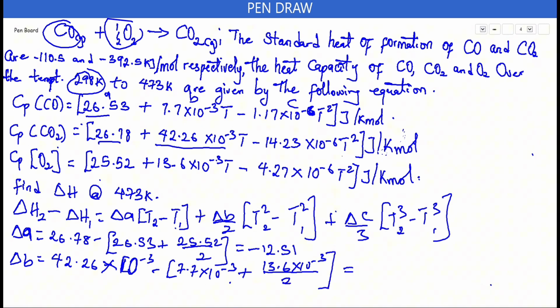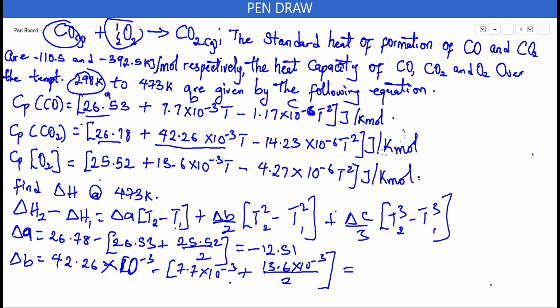So what we are going to have for change in B is 42.26 minus the open bracket, we have 7.7 added to 13.6 divided by 2.